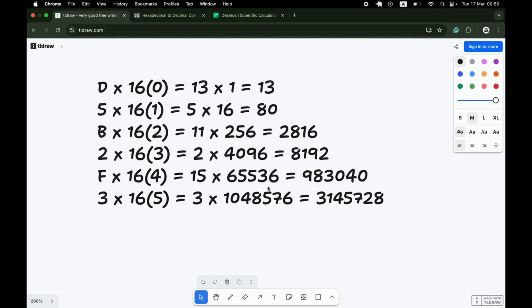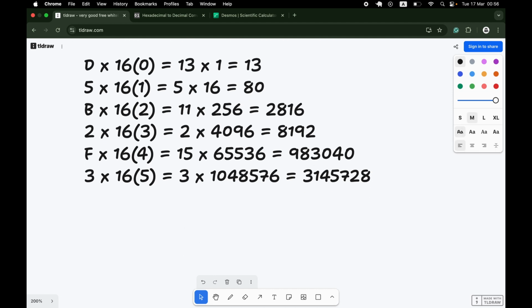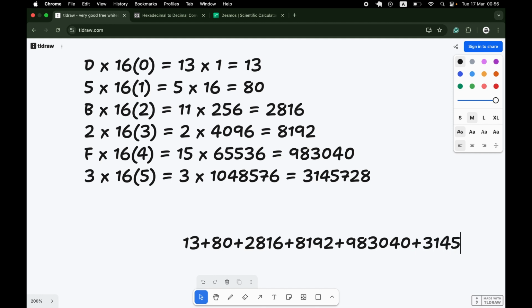Now we sum every resulting value: 13 plus 80 plus 2816 plus 8192 plus 983040 plus 3145728.